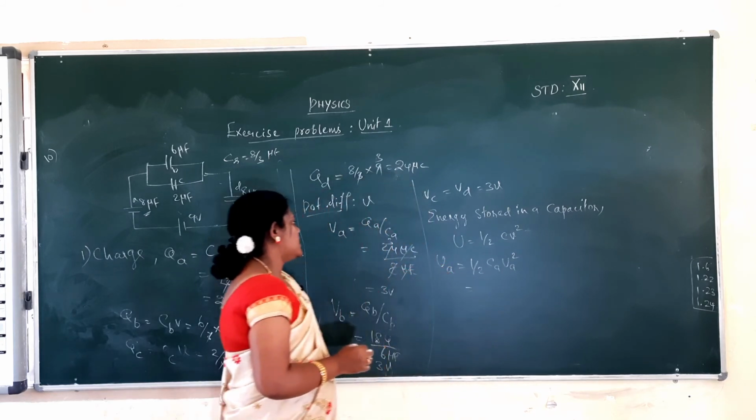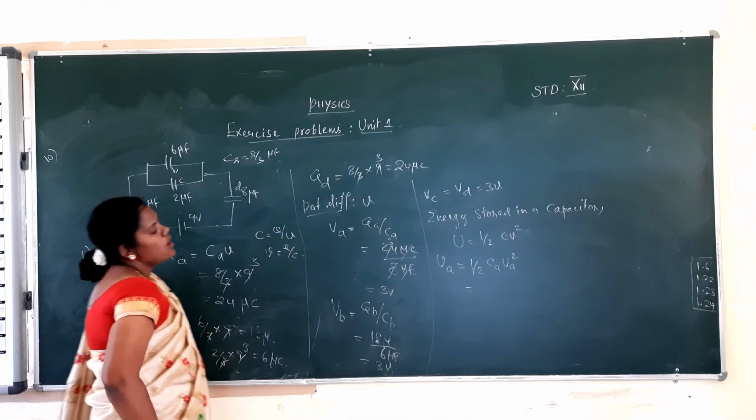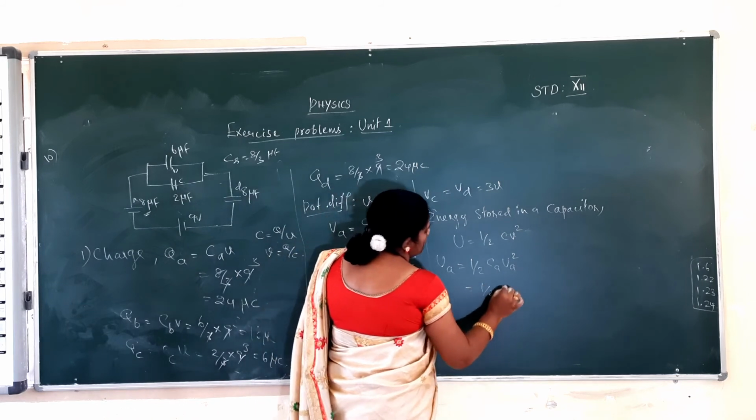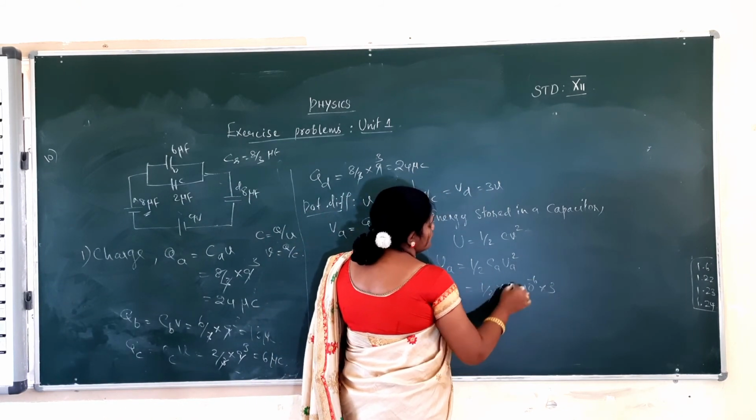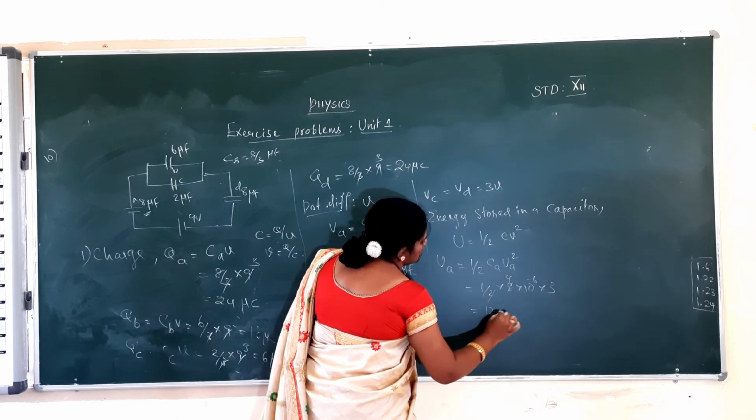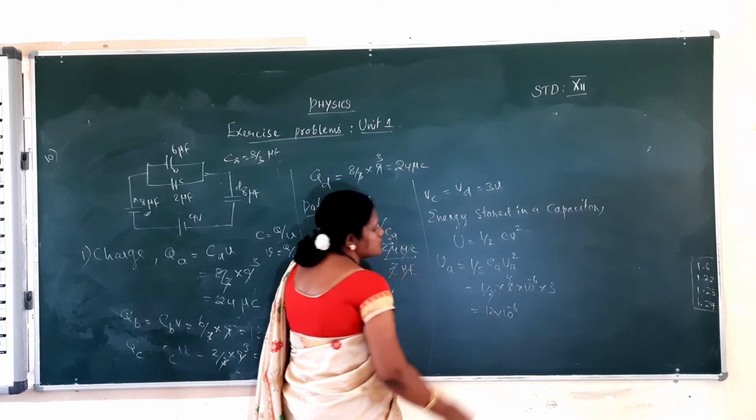So half, the CA value is 8. So half into 8 into 10 power minus 6, and VA is 3, so 3 square.